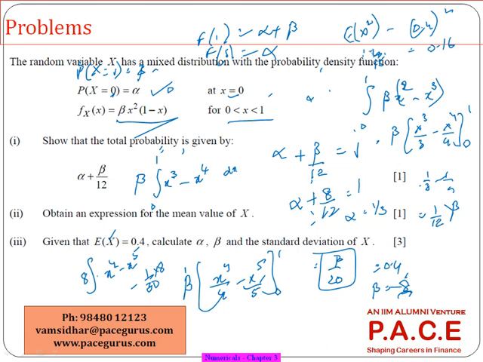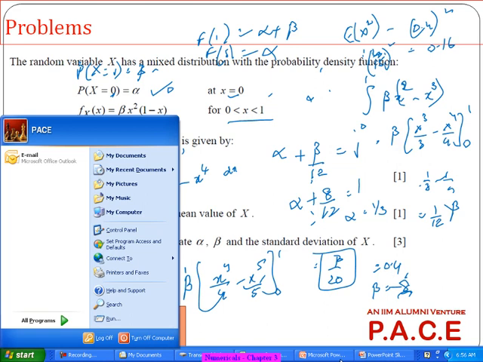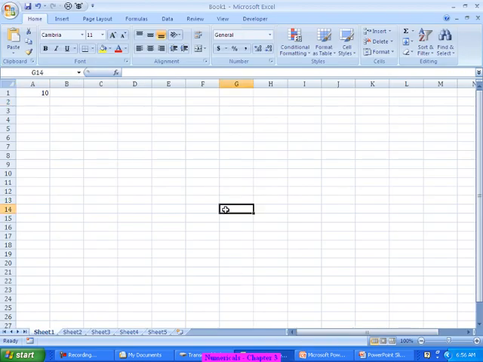So 4 by 15 whole squared minus 0.16. What is 4 by 15 whole squared? 4 by 15 whole squared minus 0.16 coming.